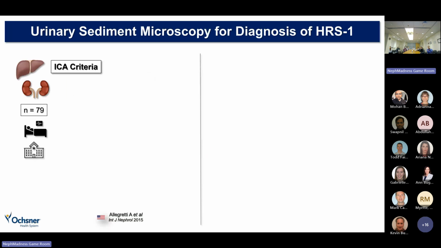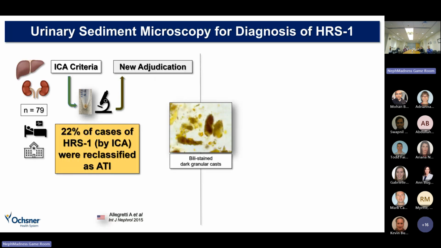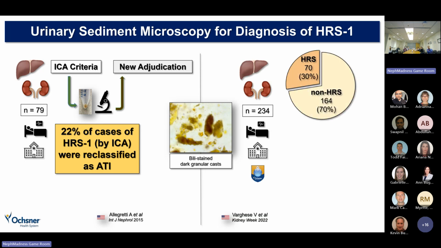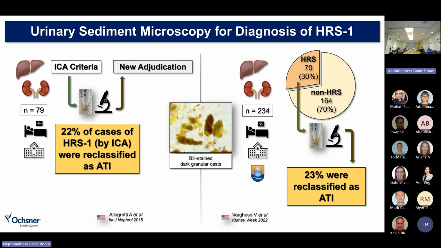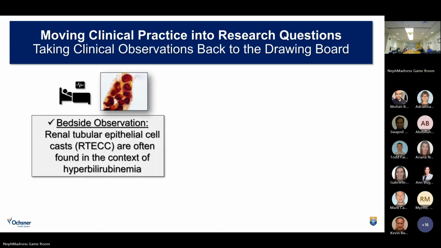This follows the study that Andrea Allegretti had done at Harvard, and I showed you yesterday that in 22% of the cases, by looking at the urine, they were able to reclassify patients as ATN. In our study that included 234 patients, we were able to convert similarly in 23% of the patients. So we do that as a standard of care in our practice in patients with AKI and cirrhosis.